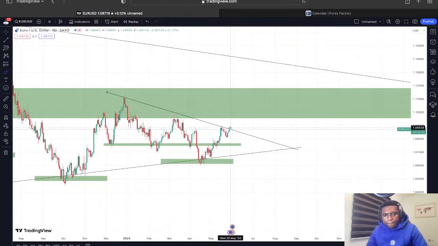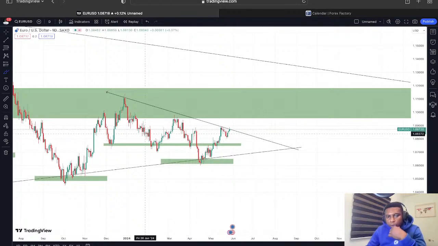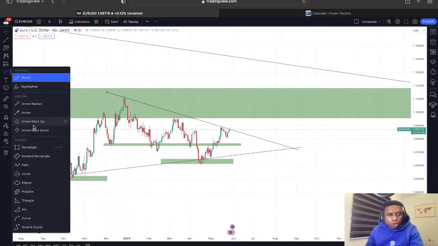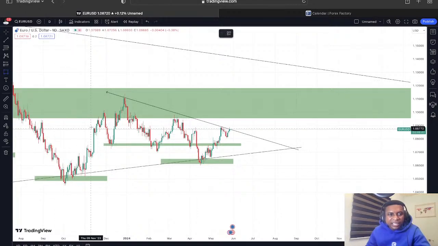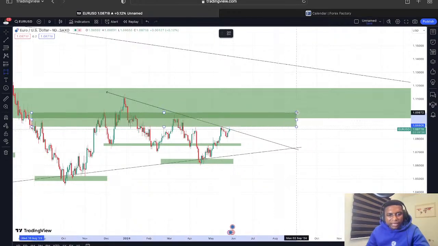All right. So now, what is my outlook on the euro? When I look at minor zones within the daily time frame, I can see that there is a minor zone here.